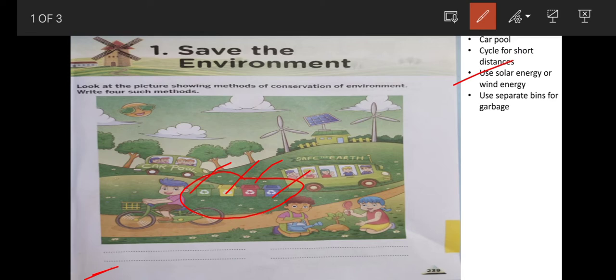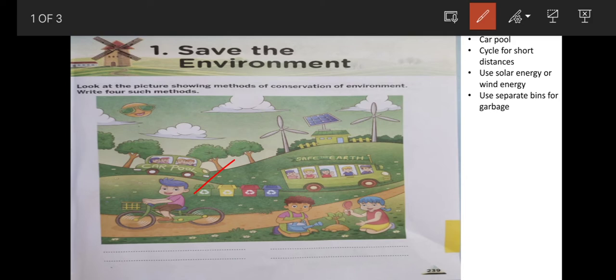For example, if it is a vegetable waste, we should dispose it separately, and if it is a plastic waste, we have to dispose it in different containers, that is in different dustbin.